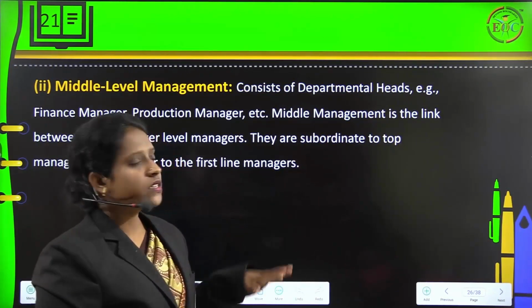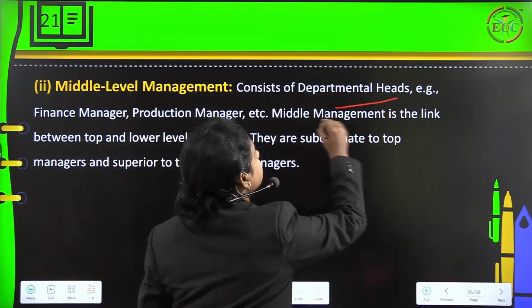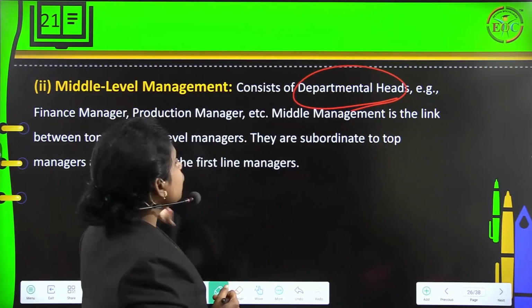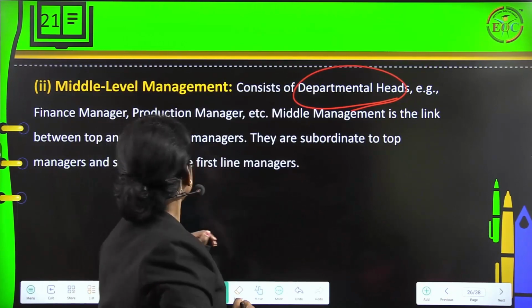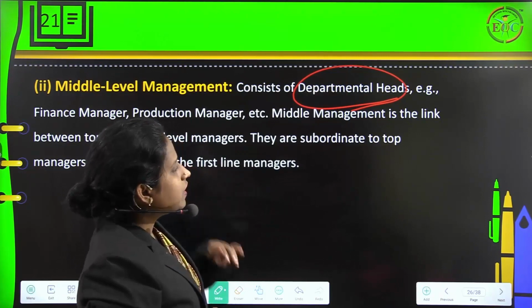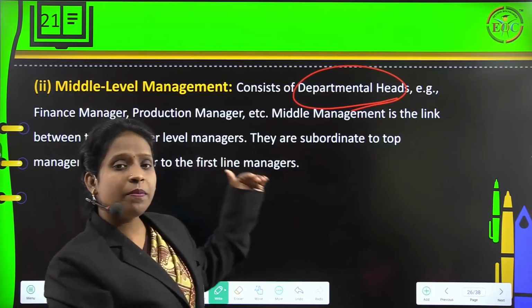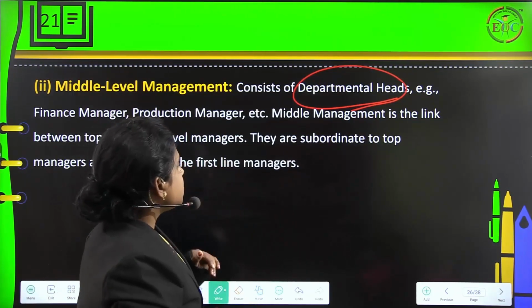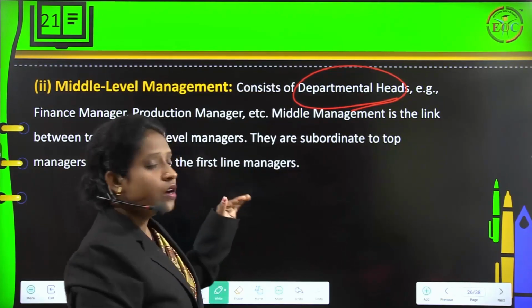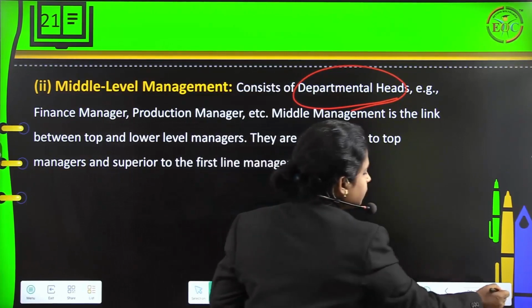Then let's discuss middle level management. Middle level management consists of departmental heads. Each department head comes under the category of middle level management. For example, finance manager, production manager, etc. Middle management is the link between top level and lower level managers. They are subordinate to top managers and superior to the first line managers. Fine.